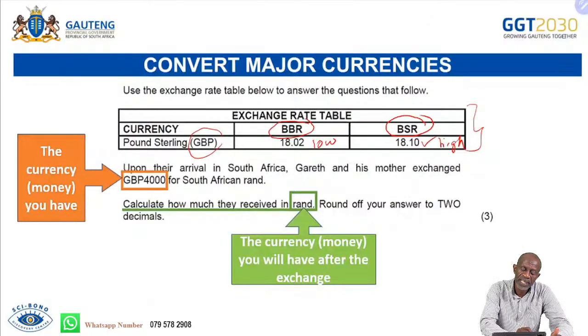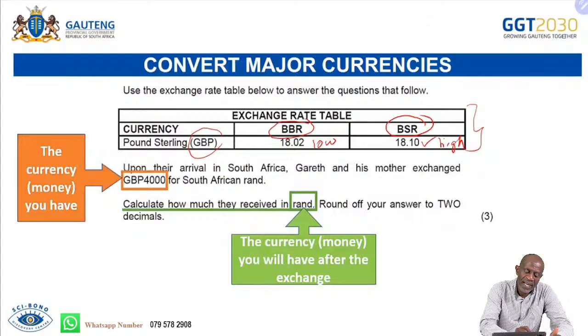The currency or the money that you have is indicated here, but let us read through the whole instruction. Upon their arrival in South Africa, Gareth and his mother exchanged 4,000 Great British Pound for South African rand. Calculate how much they received in rand. Round off your answer to 2 decimals.